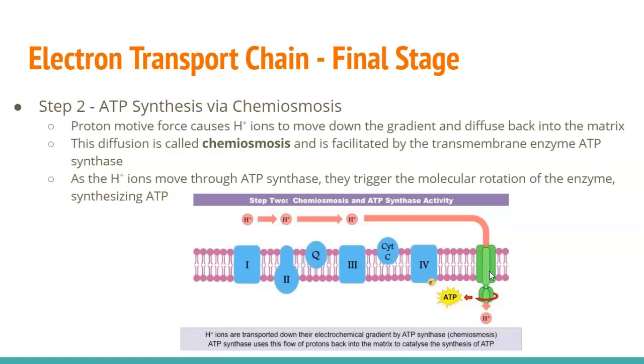If you know anything about those terms, even synthesis, you can probably guess what's about to happen. As the hydrogen ions pass through ATP synthase, they trigger this enzyme to rotate, and by rotating it, it actually produces ATP. Because those hydrogen ions move through it, you get ATP being synthesized.